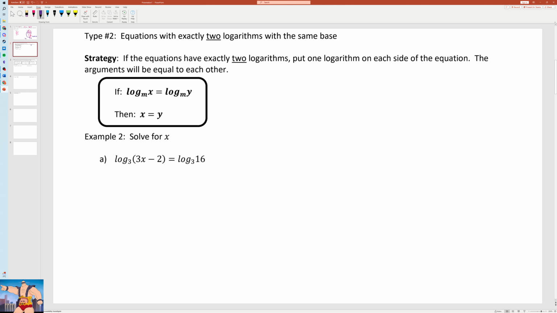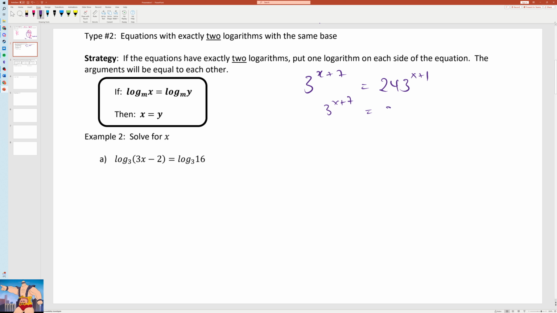Equations when we have exactly 2 logarithms with the same base. If we have 2 logarithms, we'll put one on each side, and we'll use the same strategy we use with exponentials. If you had like 3 to the x plus 7 is equal to 243 to the x plus 1, our strategy was to make both of them agree on a base.